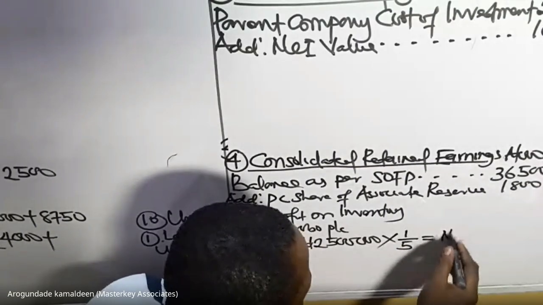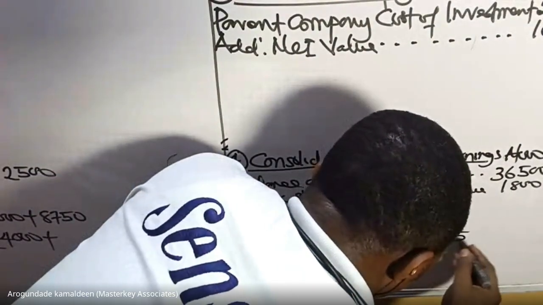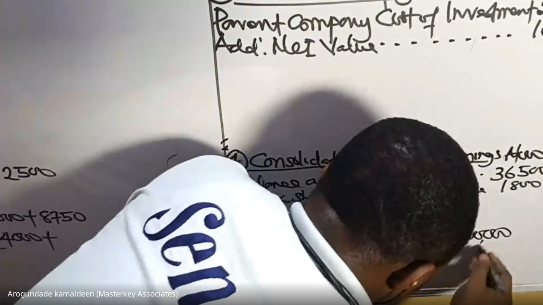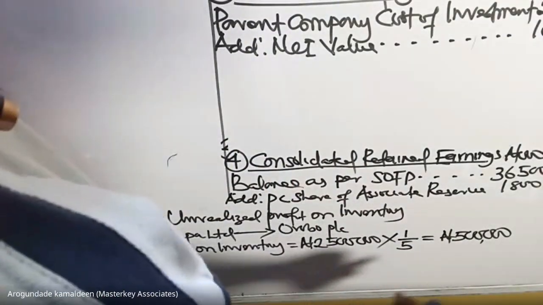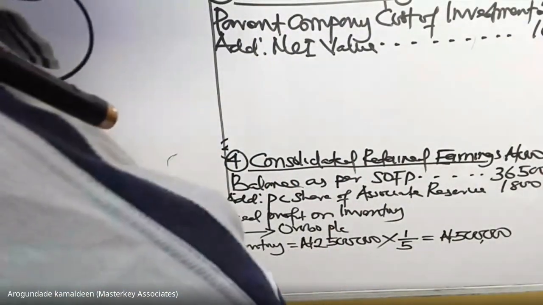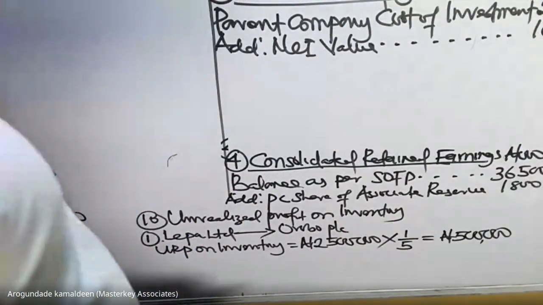So what would that give us? 500,000. Class, this is a case between the group members, the subsidiary and the parent. So what are you going to do?